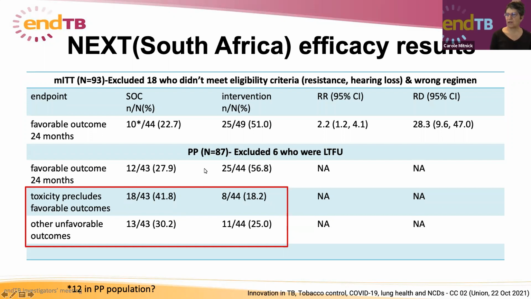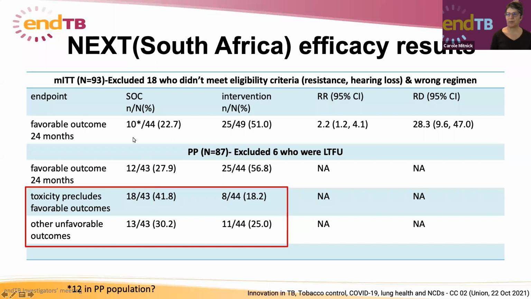There's a lot of information in the reasons for the unfavorable outcomes in this study, and looking more closely at the per protocol group, which excluded from the MITT population 6 who had been lost to follow-up, you can see that this twofold difference still roughly holds.